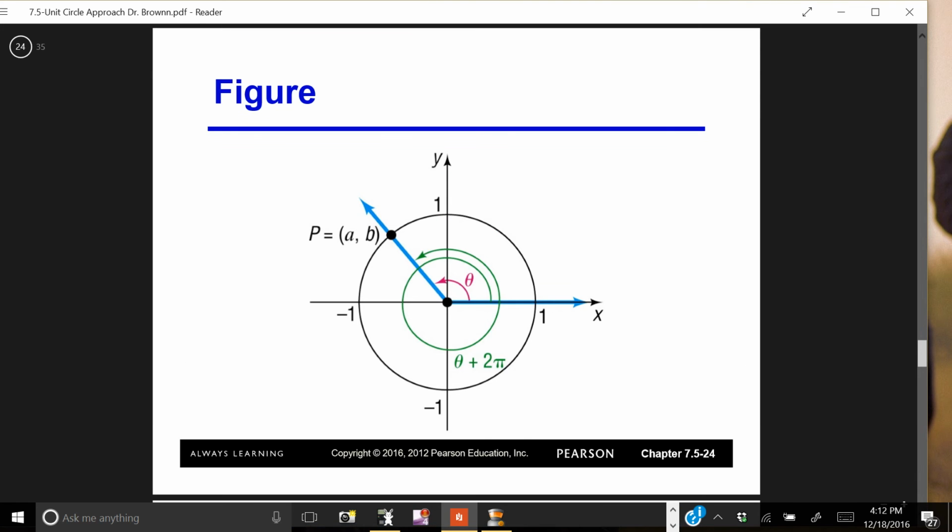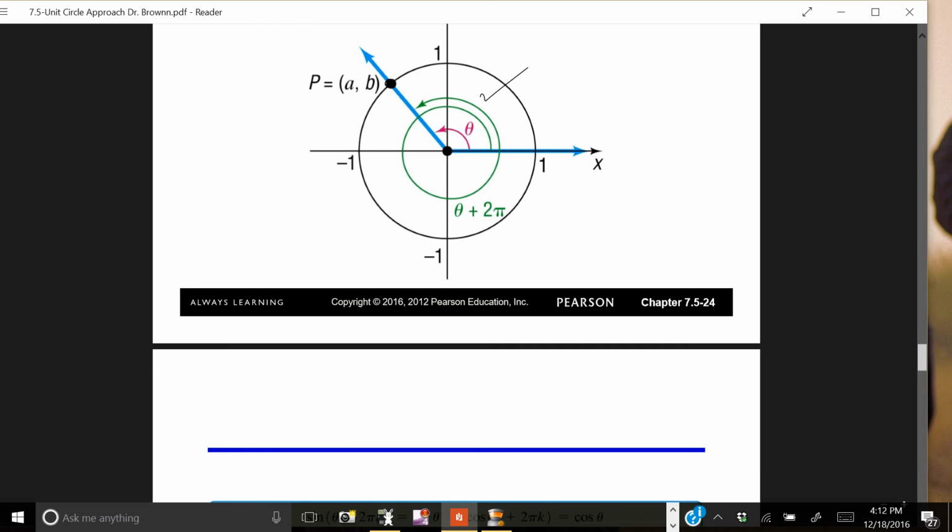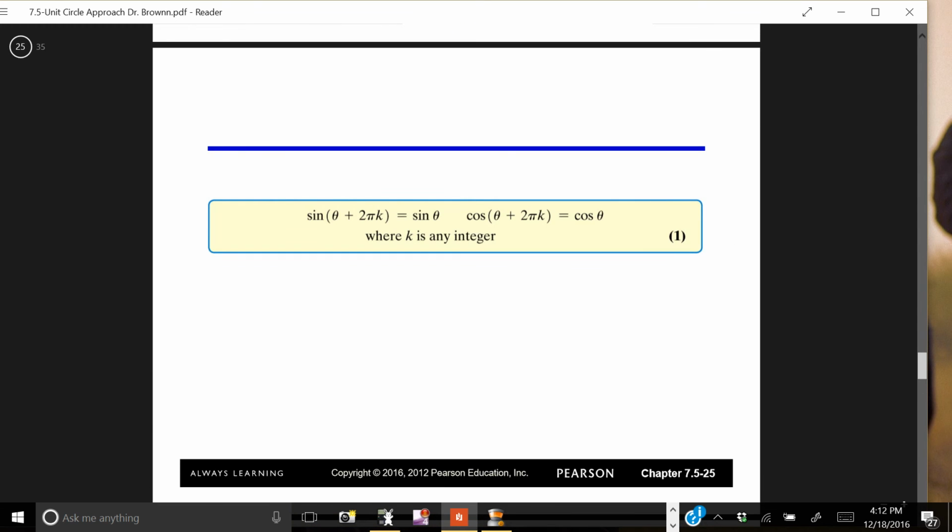In fact, for any value of theta that gives you a point on the unit circle (a, b), go plus 2 pi, minus 2 pi, keep going around and around. It keeps repeating the values.